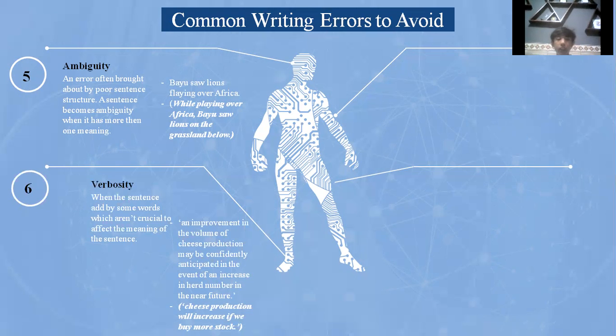Next is verbosity. Verbosity is when a sentence is padded with words that are not crucial to the meaning of the sentence. For example, "An improvement in the volume of cheese production may be confidently anticipated in the event of an increase in herd number in the near future."